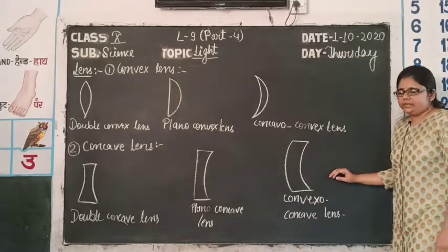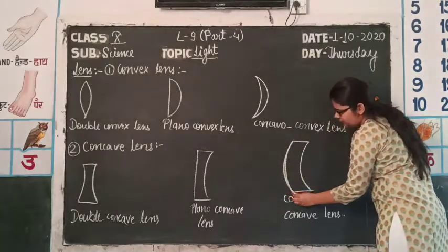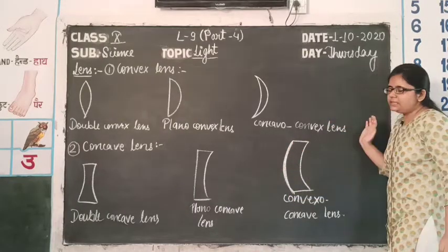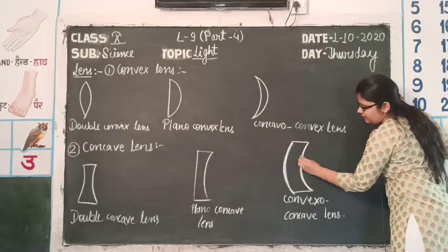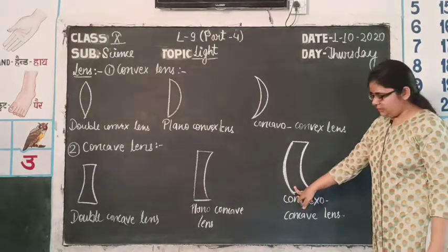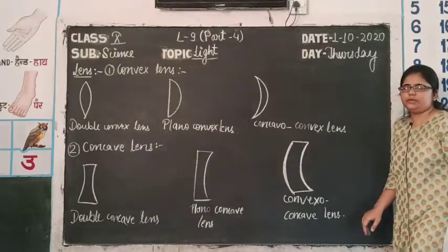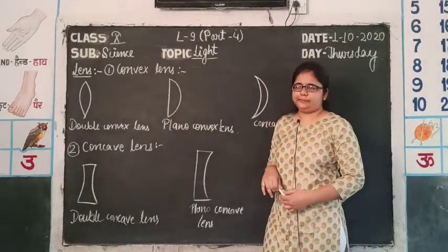Third is the convexo concave lens, in which one surface is convex. This one is convex because it is bulged outwards, and the second one is concave like this. So it is known as convexo concave lens. These were the types of convex and concave lens.